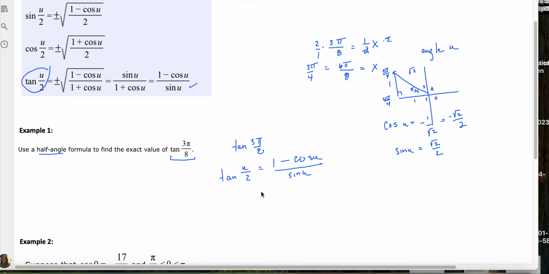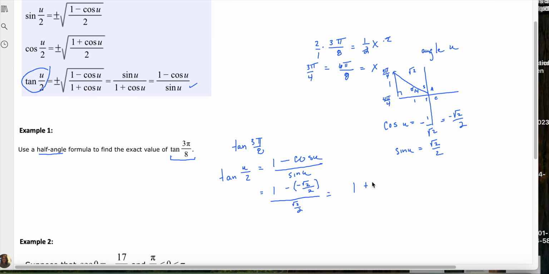So again, I'm just going to plug in those values. This is 1 minus cosine u, which is negative square root of 2 over 2, and then that gets divided by, I'll put that in parentheses, sine u, which is also square root of 2 over 2. Now I just need to clean this up a little bit.